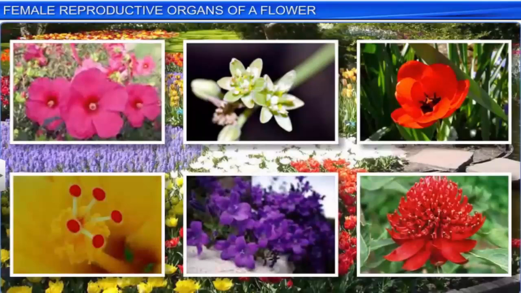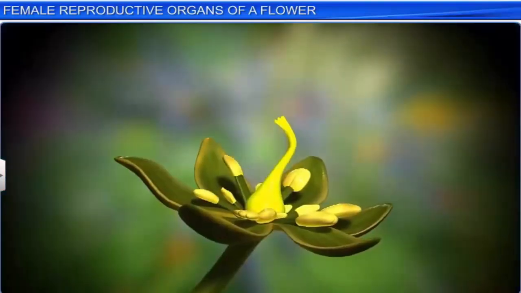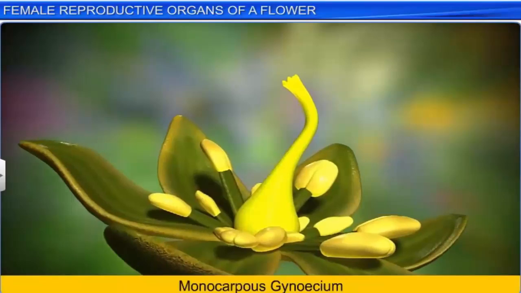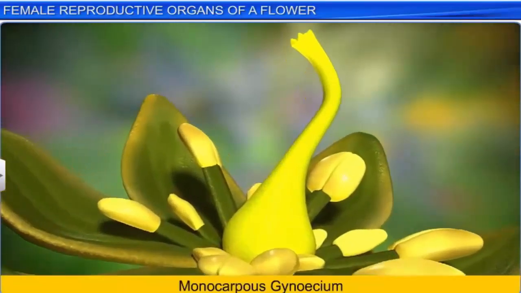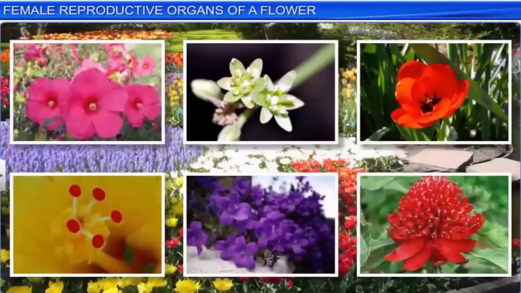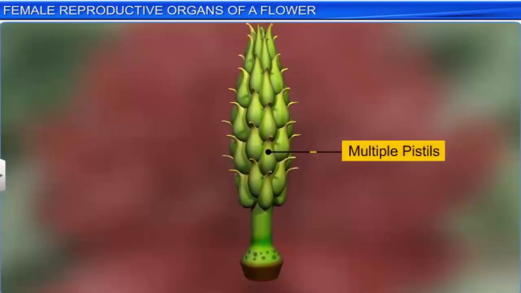You can see many variations in the gynoecium of different flowers. For example, the gynoecium can be monocarpous, consisting of a single pistil or carpel. Or it may be multicarpous, in which case we see several pistils in a single flower.